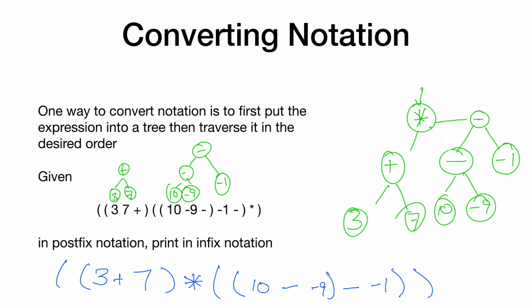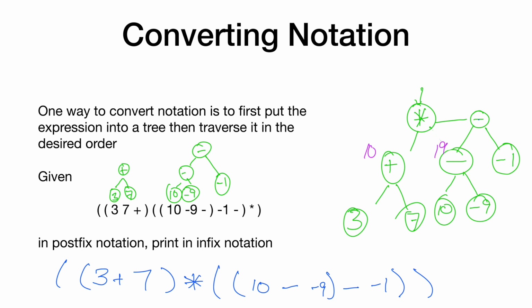So what if we were to evaluate this, say, on the tree? Well, we can't evaluate this guy yet because we don't have the value at either of its children. So let's evaluate the left child first. 3 and 7 is 10. Now we need to evaluate the right child. Well, we can't evaluate the right child because we don't know the value here. So the value there is 10 minus negative 9. So that's 19.